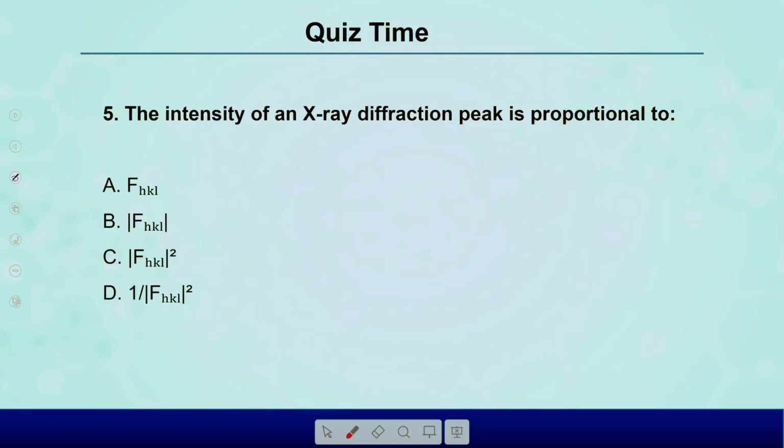Next question. The intensity of an X-ray diffraction peak is proportional to: option A, FHKL; option B, modulus of FHKL; option C, modulus square of FHKL; option D, 1 by FHKL.